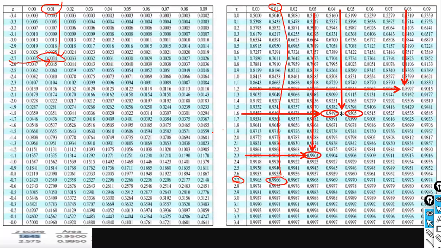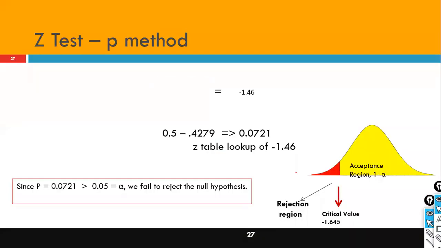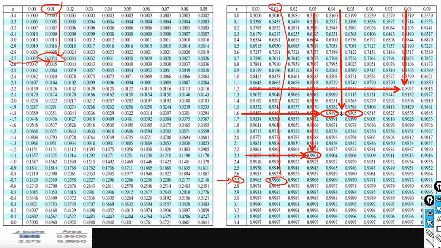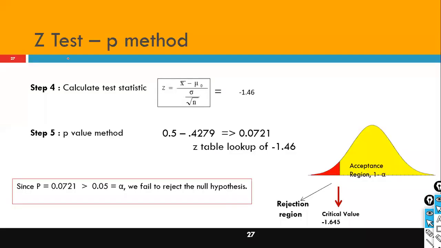You need to do a lookup in your table here. Look here, the z table, minus 2.71, right? The z value. For the z value, you need to do a lookup in this table. So here it gives 0.9966. Okay, so here there's a left tail test, right? So you need to take into account also 0.0034.